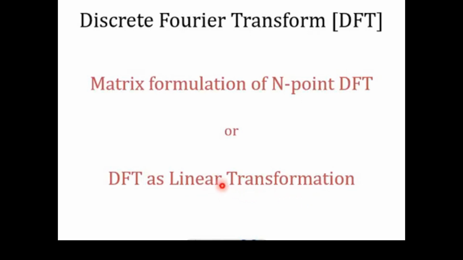Any transformation is said to be linear if it can be represented as a matrix vector product. So we will see whether we are able to represent the DFT equation in the form of a matrix vector product or not. If yes, then DFT, which is a kind of transformation from time domain to frequency domain, will be considered as a linear transformation.